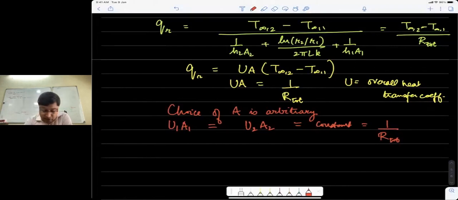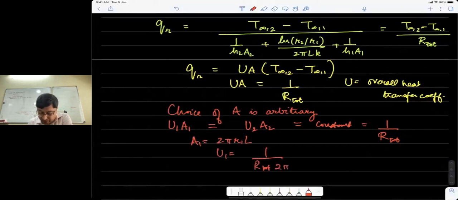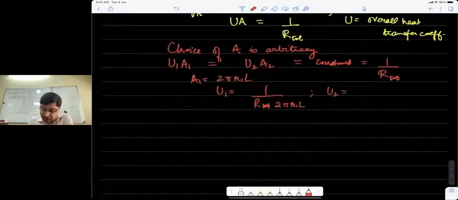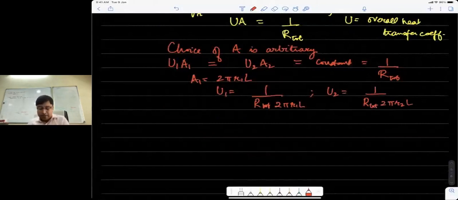So we could write in terms of area 2 pi R1L, and we'll have U1 to be 1 by R total into 2 pi R1L, or I could also write U2 as 1 by R total into 2 pi R2L. And that choice is completely up to you. You can define whichever way you want. There is no one way of doing this.